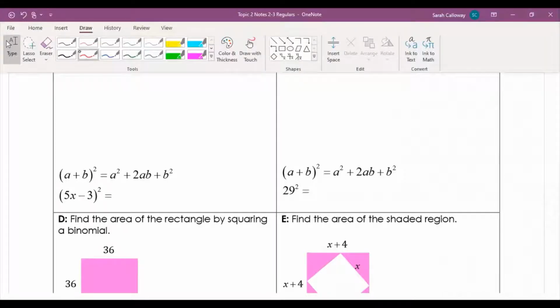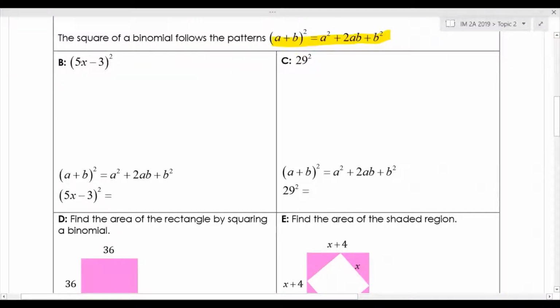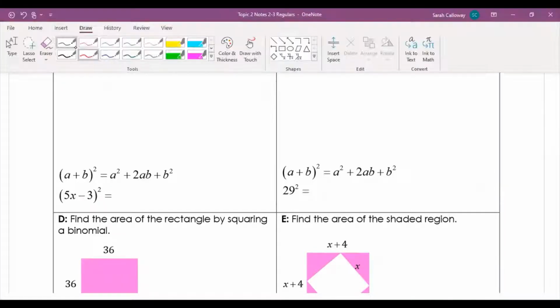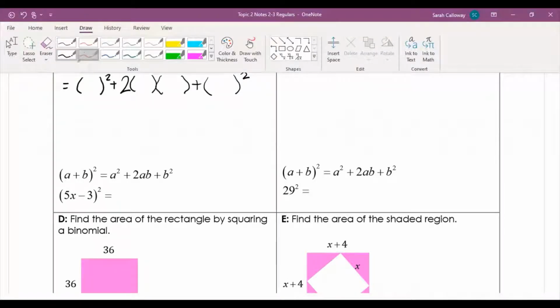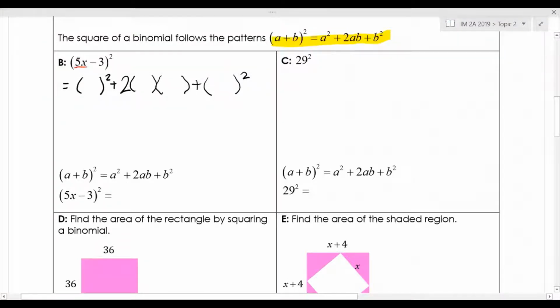And so what I'm going to do with this is write out our pattern. So our pattern is that a plus b squared is equal to a squared plus 2 times a times b plus b squared. So we're using essentially this formula every single time. So for this first problem, 5x is the a.